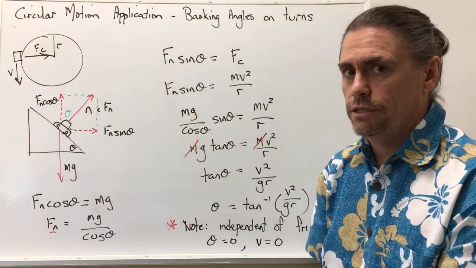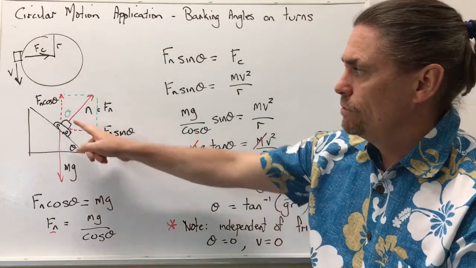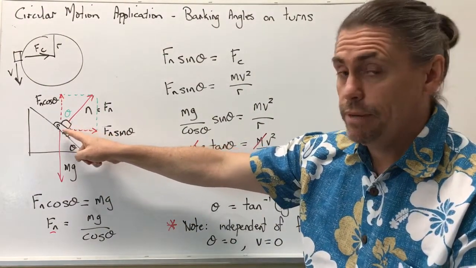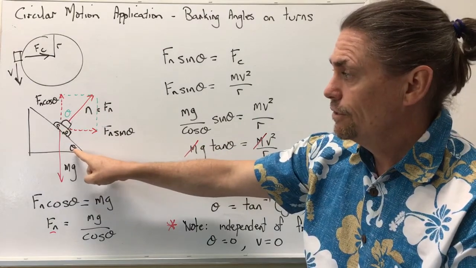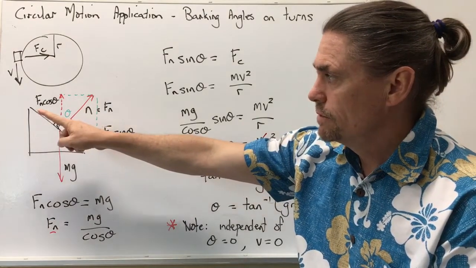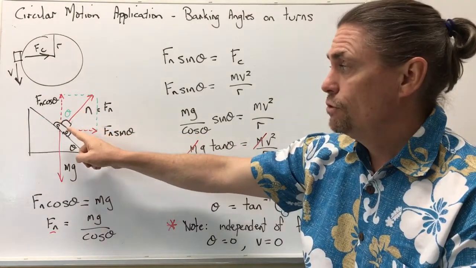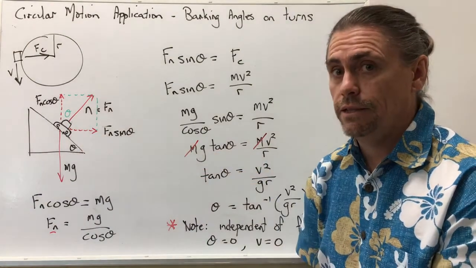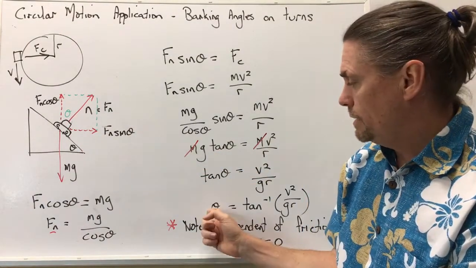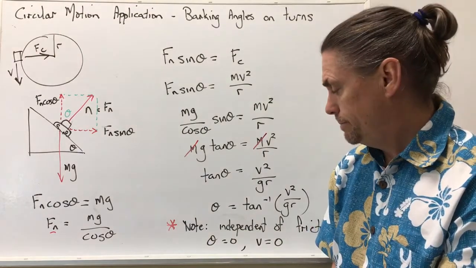Now it's also interesting to note at this point in time that if the vehicles travel faster than the recommended velocity for that angle, they will still slip out, but if they travel too slow for it, they'll actually slip down the incline as well. So we call this angle here an optimum angle.